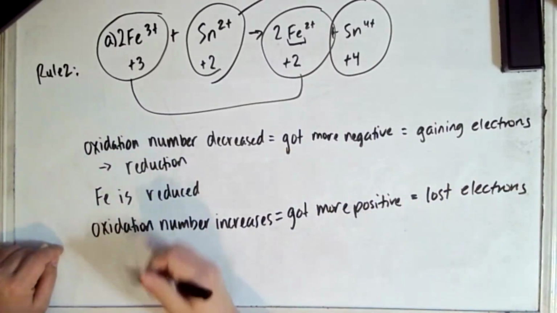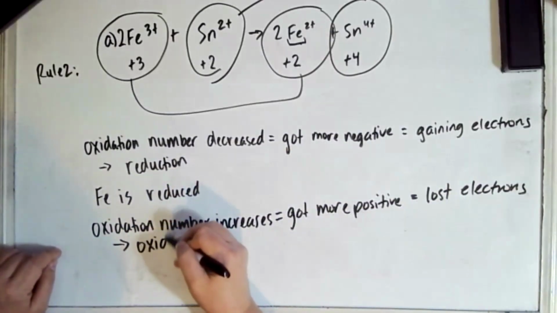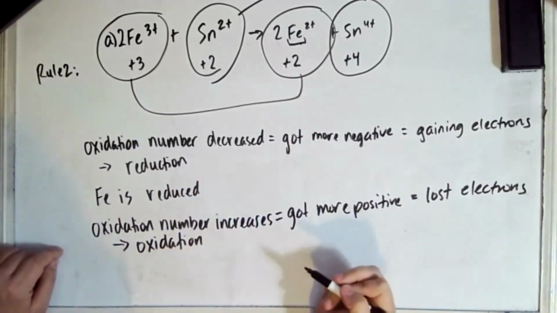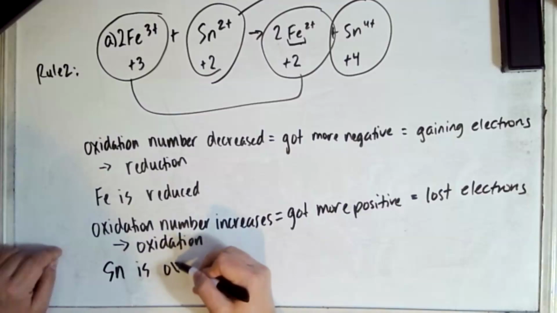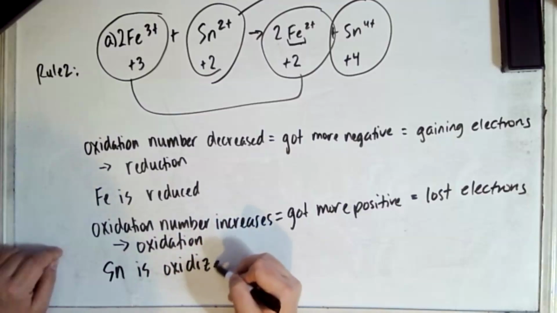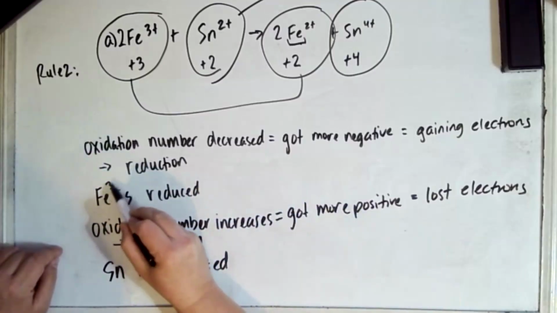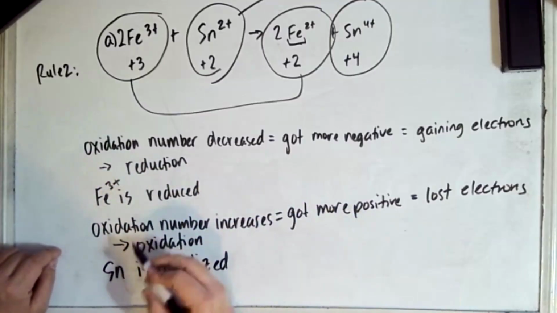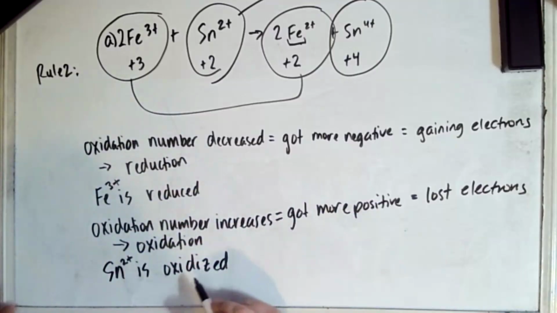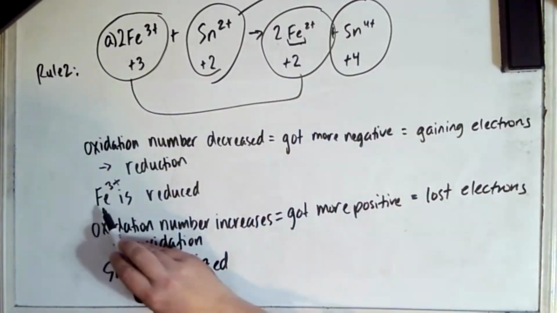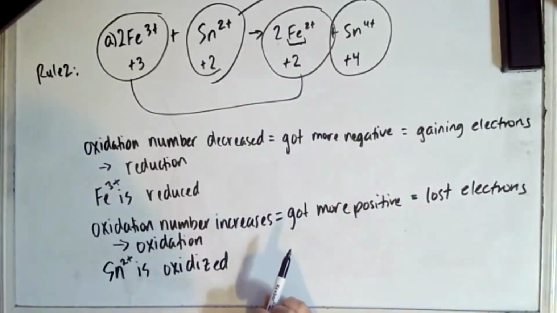So when our oxidation number increases, that tells us that oxidation happened. So in this example, our tin is oxidized. Our Fe3+ is reduced and our Sn2+ is oxidized. It gets more positive on the product side. Our Fe3+ is reduced. It gets more negative on the product side.